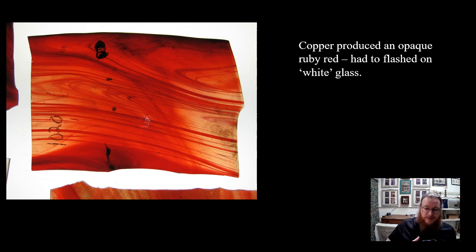This surface layering of red glass on top of white is known as flashed ruby glass, and it can produce some fabulous striations which can be used for good visual effect in windows.